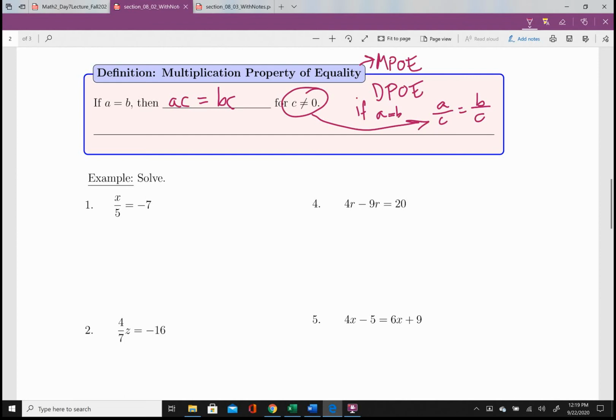Otherwise, you're just going to either zero out your entire equation, which is not very interesting, or you're going to be dividing a number by zero, and we do not entertain that as a possibility. We just call that an undefined value. So again, a, b, and c are real, and furthermore, we'll just call them non-zero as well.